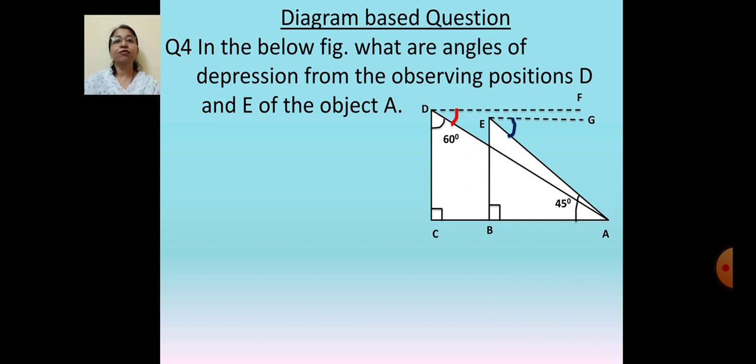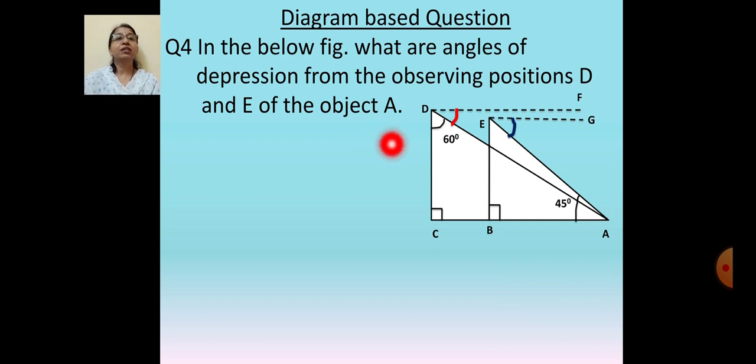In angle of depression, the object is kept at a lower level and positions D and E are at a higher level. So we have to find the angles of depression with respect to observer D of object A and observer E of object A. Here the angles made by the red and blue arcs, these two measures we have to find out.